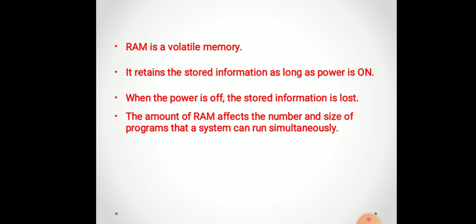The amount of RAM installed in a computer affects the number and the size of the programs that a system can run simultaneously. For example, nowadays we are using smartphones, which are available in different capacities of RAM: 2 GB RAM, 3 GB RAM, 4 GB RAM.